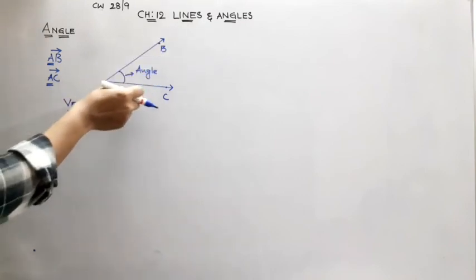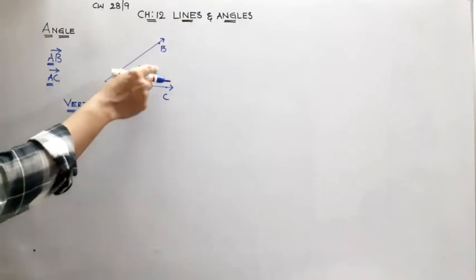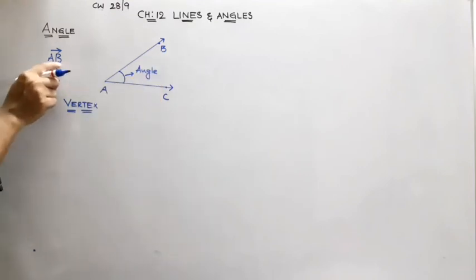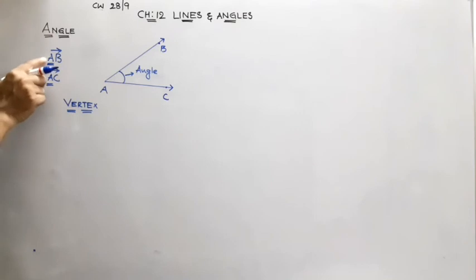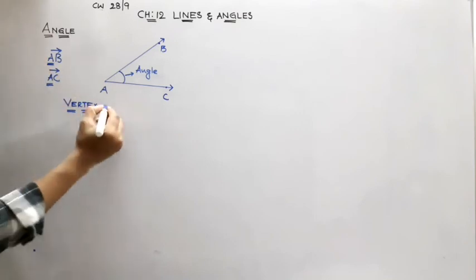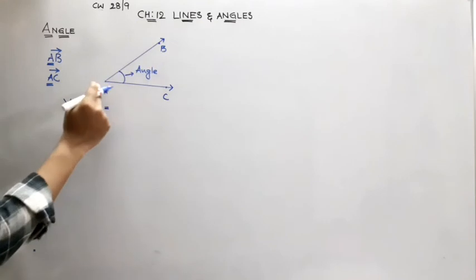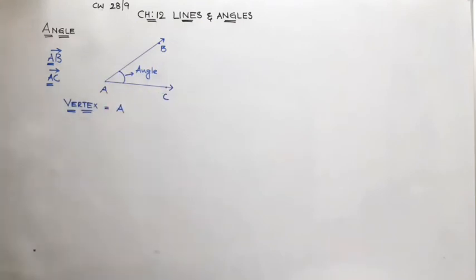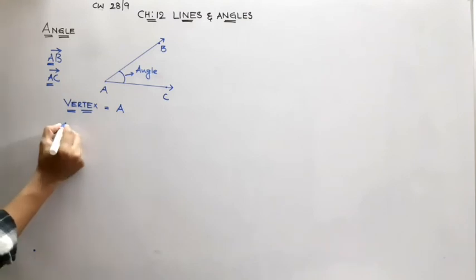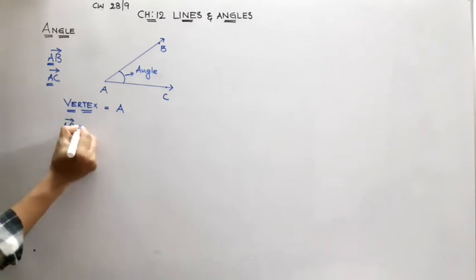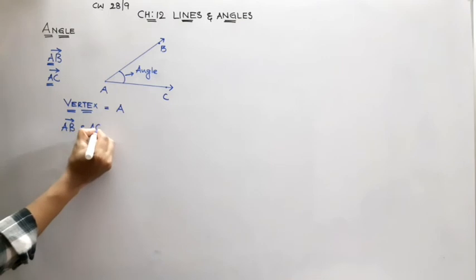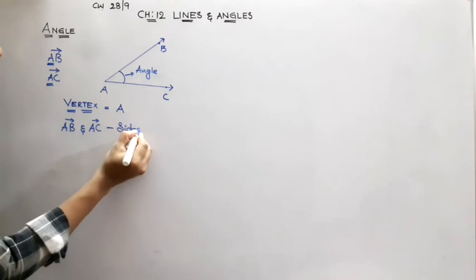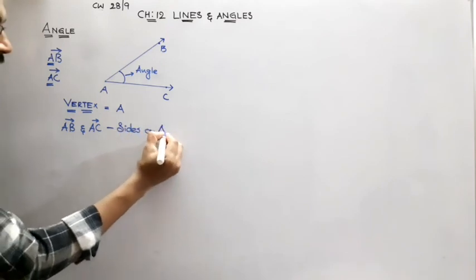The common endpoint for both the rays which helped us to form the angle is called the vertex. That means in rays AB and AC, what is the common point? It's clearly A. So for this angle, A is the vertex. And these two rays AB and AC, we call them sides or arms.